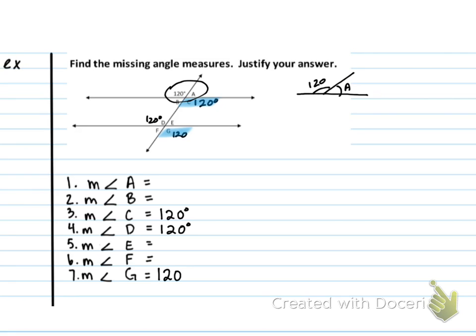Something that we learned on Monday was supplementary angles, and supplementary angles add up to 180, right? Because they are a straight line. So we can use that to find angle A. So I'm going to get 180, and I'm going to subtract 120. So here I get 0, 6, and then 0, so 60. So that means A is 60.